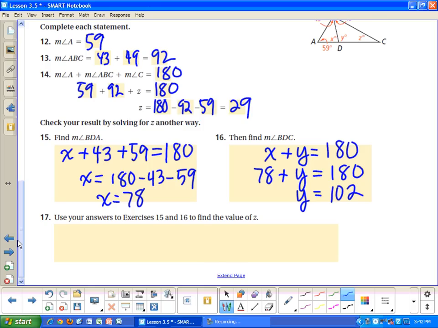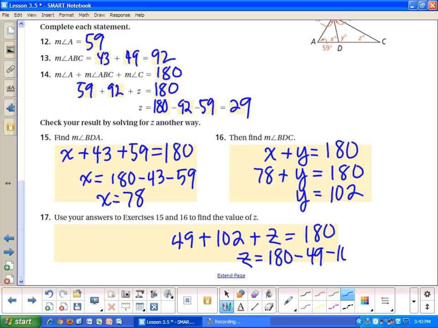And to find z, we can substitute values in, and we get 49 plus 102 plus z is equal to 180. And so z is equal to 180 minus 49 minus 102, which equals 29. So we get the same answer.